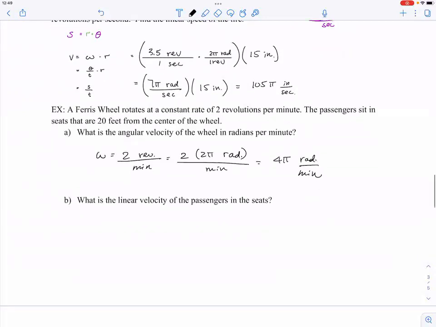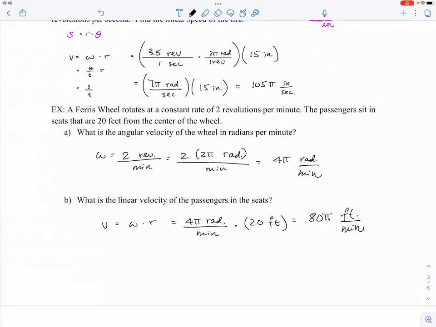But then what's the linear velocity? Linear velocity is omega times r. So omega is 4 pi radians per minute. And then times the radius, which is 20 feet. So 80 pi, I'm sorry, 80 pi feet per minute.